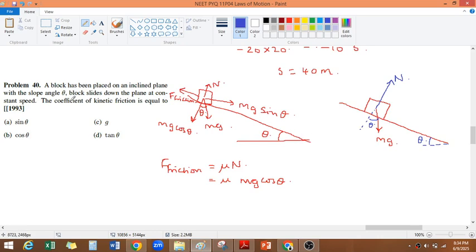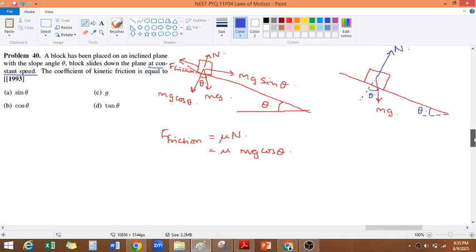Now carefully listen. They said it is moving at a constant speed. This is a very, very important word. Since they said constant speed, what can you say about the acceleration? Speed constant means there is no acceleration.